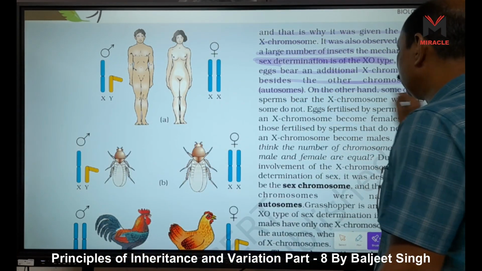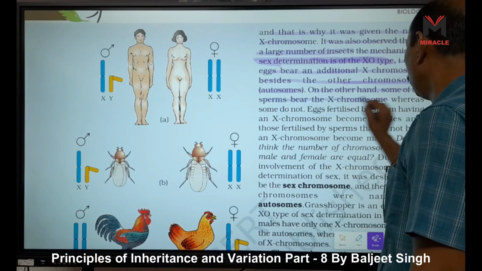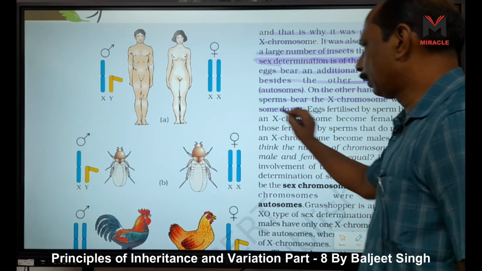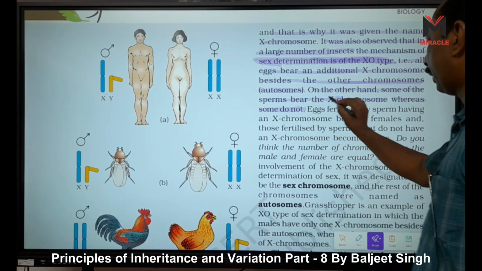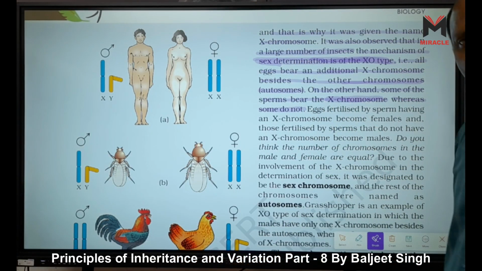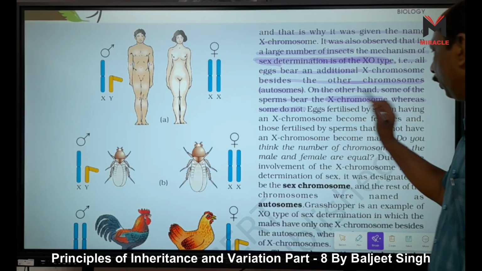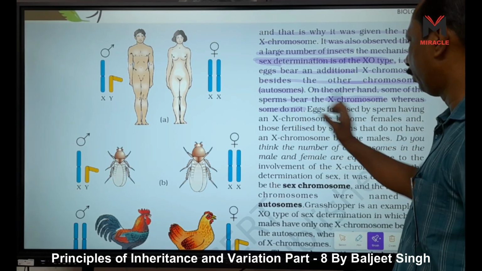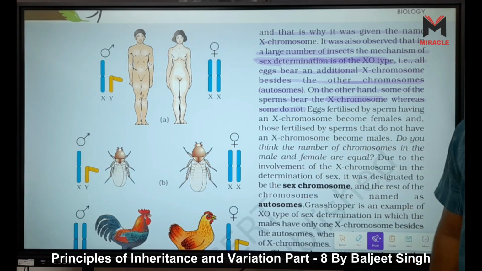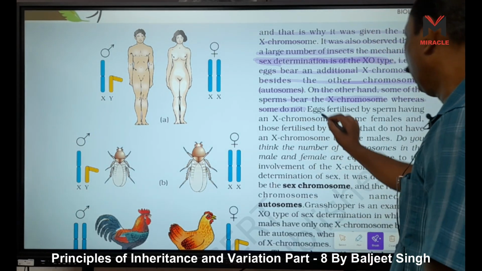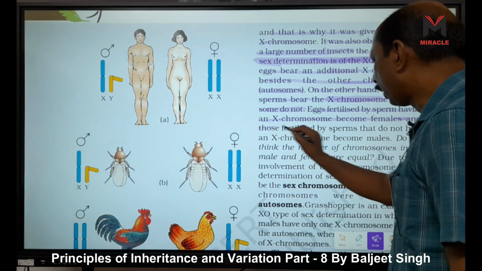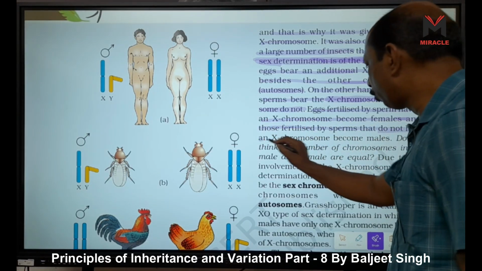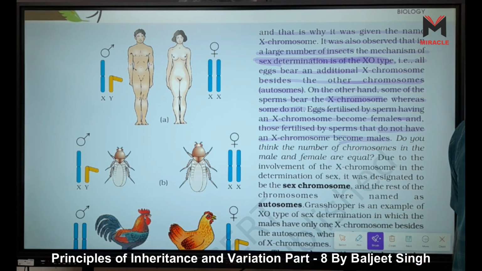On the other hand, some of the sperm bear the X chromosome, whereas some do not. If eggs are fertilized by sperm which bear the X chromosome, they form females, and if they are fertilized by sperm which have no X chromosome, they develop into males. This is XO.